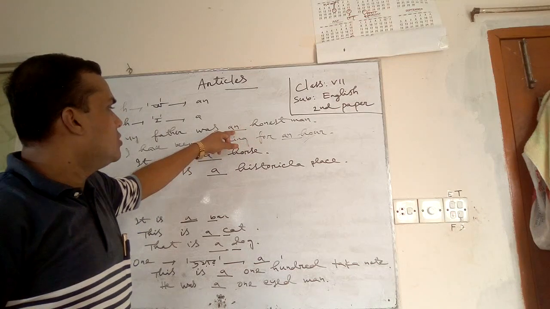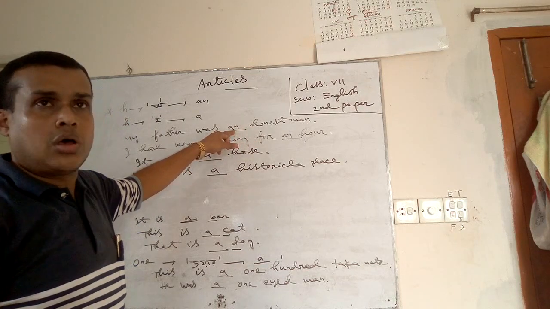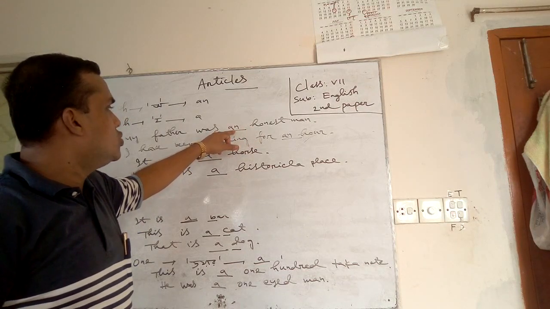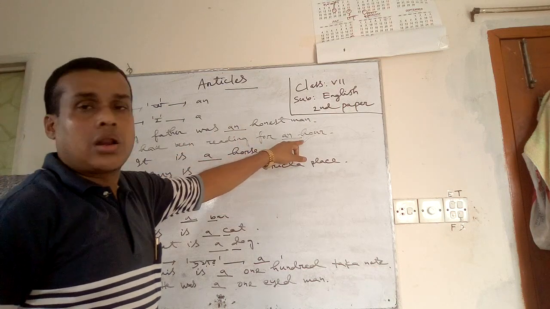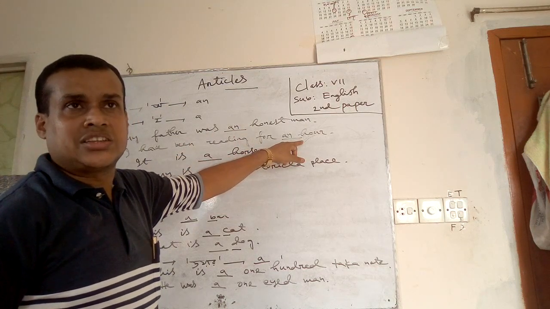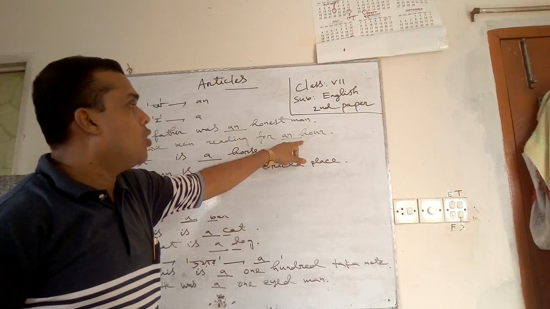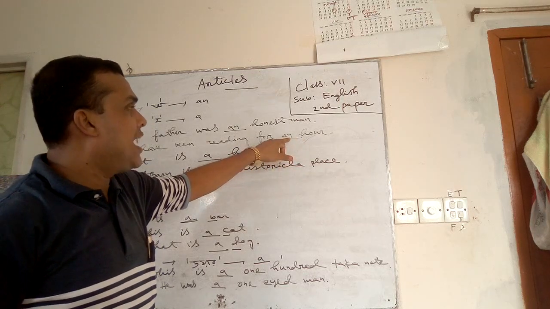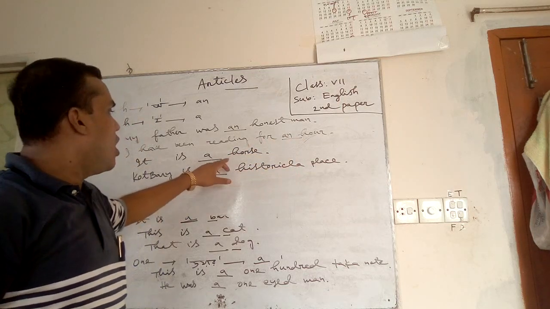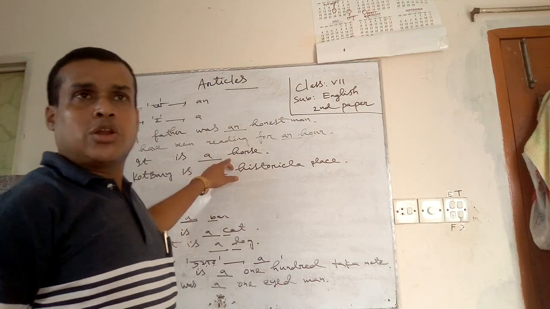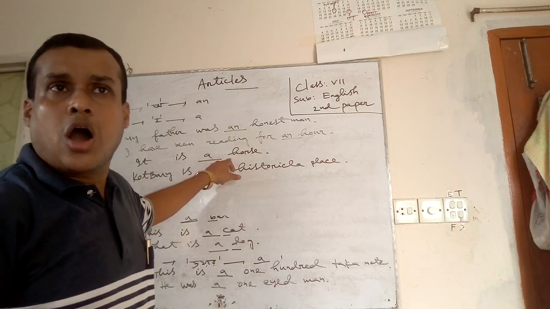For this reason, by the rules of articles, we should use an. Hour, the pronunciation has created o, so you should use an. Horse, the pronunciation has created ho.